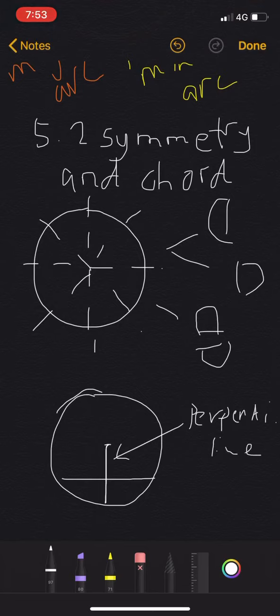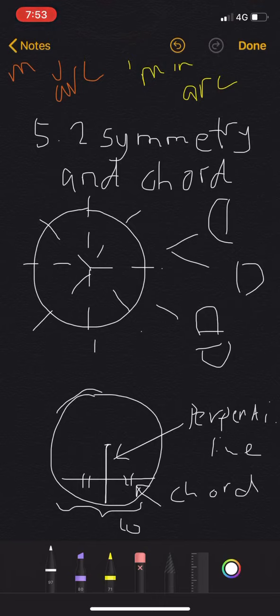So when this line cuts your chord, it cuts your chord into two equal parts. Nampak tak? Dia mesti akan sama. Let's say your chord ni dia punya length is 10.